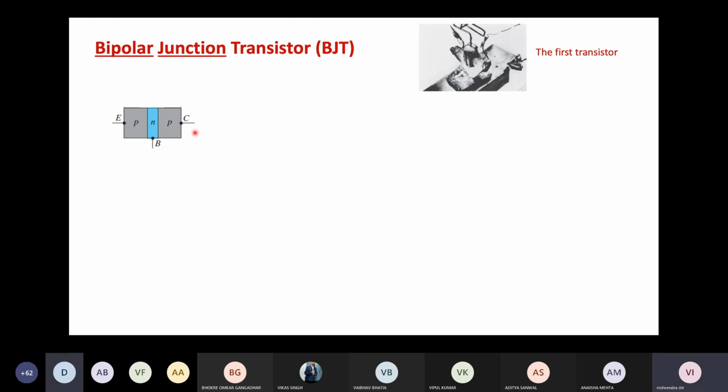Generally in semiconductor devices, whenever both electrons and holes play a central role, those devices are known as bipolar devices. And if only one polarity of charge carriers is important, as in MOSFETs, those devices are known as unipolar devices.